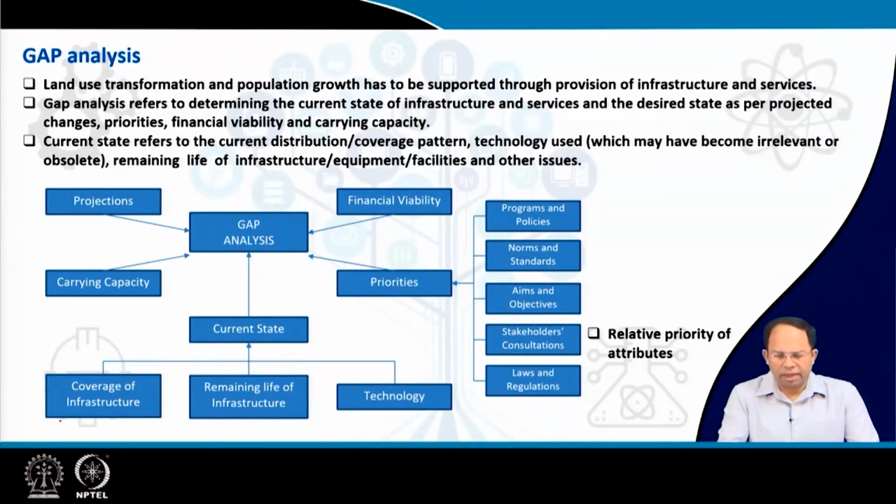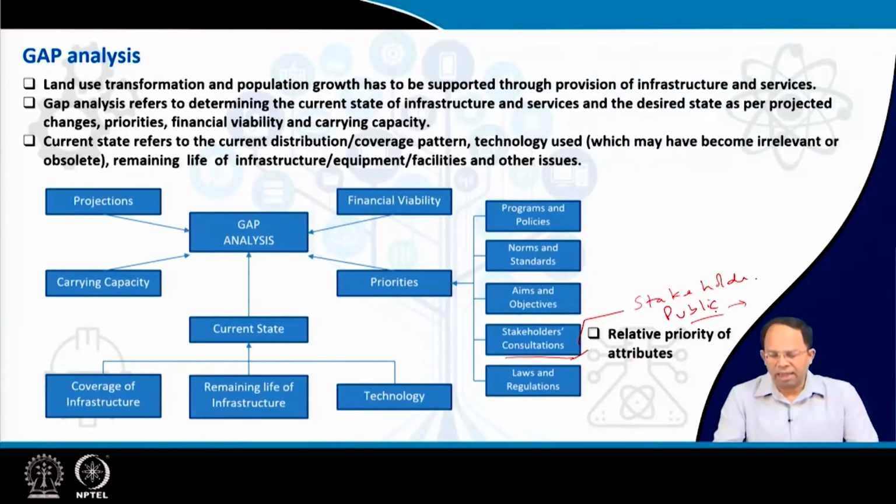Definitely, as you can see in this particular image, the desired state is a function of stakeholder consultations, which involves the different stakeholders in the process and also the actual public. So, public is definitely involved, right? What people want, what are the things that they want improved, this has to be considered. This is one very, very important part of determining gap analysis.